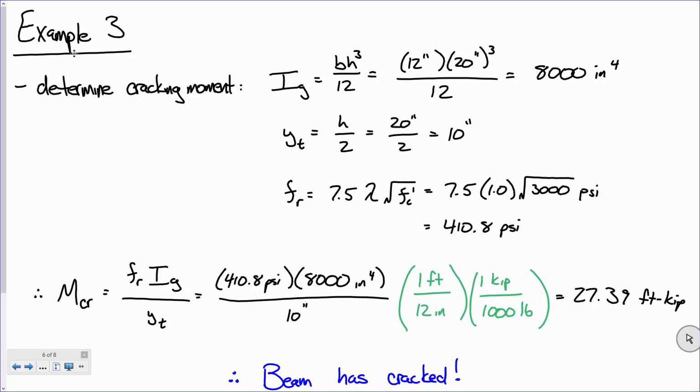The beam's rectangular, so the gross moment of inertia is easy to calculate, and the centroidal distance is easy to calculate. F sub r is 7.5 lambda square root of f'c. We can calculate the cracking moment pretty easily, and it's 27 some foot-kips. Now, the moment applied to this section is much higher than that, so this beam has cracked, and we must use a transformed section to determine the stresses. Everybody good with this?